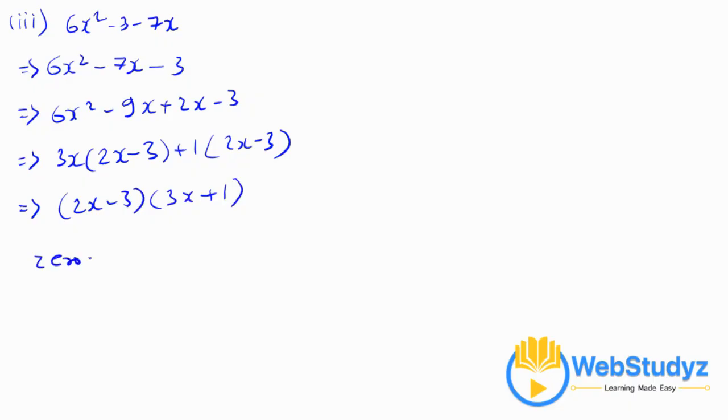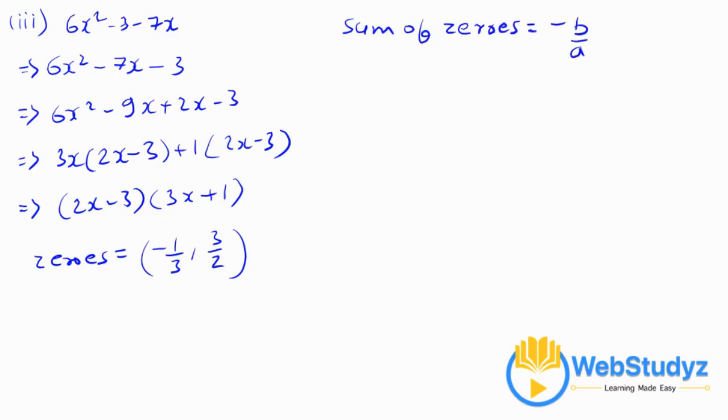That means the zeros are minus 1 by 3 and 3 by 2. So let's verify them. Sum of zeros is minus b by a. Sum of zeros means minus 1 by 3 plus 3 by 2.